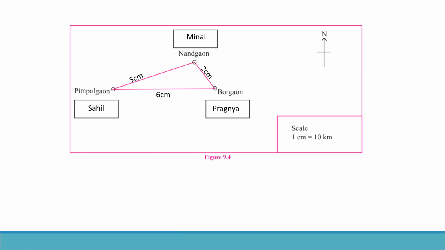Yes, you will notice that Minal and Sail, the distance between them is 50 kilometer. Then between Minal and Pragya is 20 kilometer. And between Sail and Pragya, the distance is 60 kilometer. Okay, now we shall move to the next.